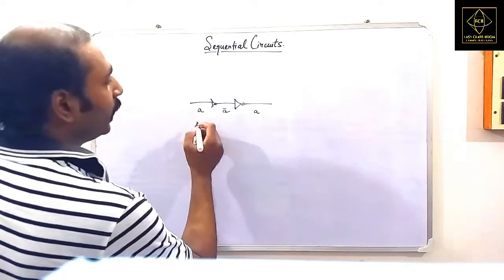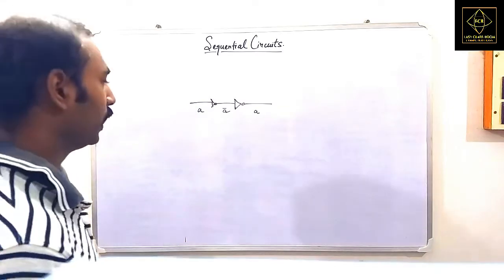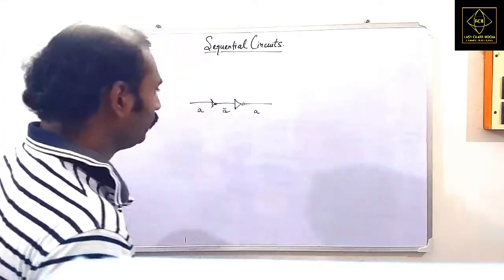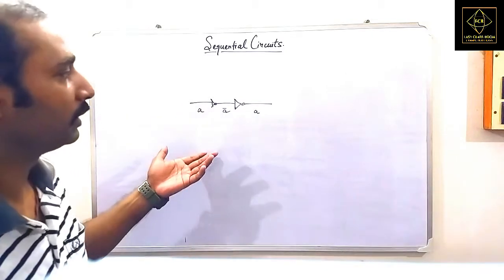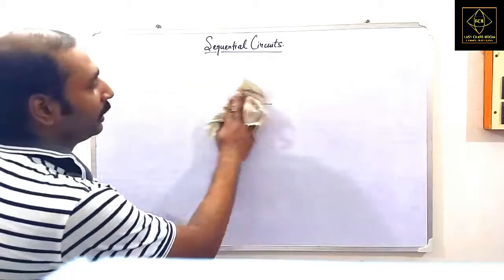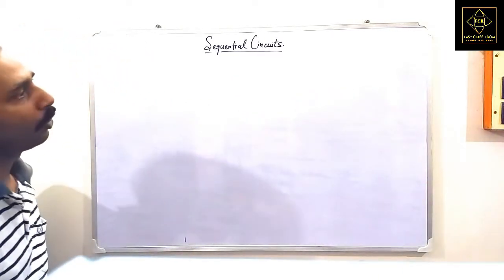Whatever we give, it does not change its state. So this can be a single state or single stable circuit. Now if we take it further, we can use an OR gate.